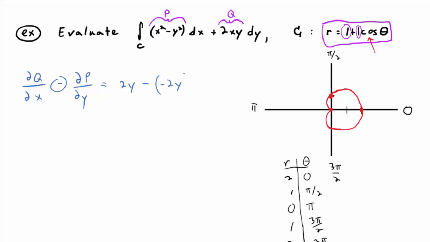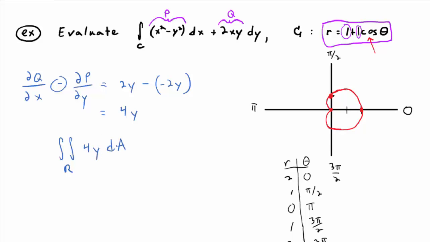Negative 2y. Like that, right? What do we end up with for our integrand? 4y. Okay? So now, the integral generically would be represented as the integral over R, this is R inside the cardioid, right? So generically, we would say it's the integral over R of 4y dA.